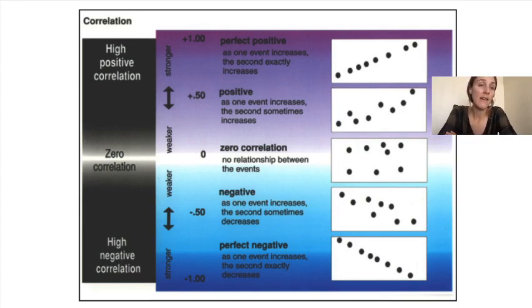So if you take a look at the left side of this figure, we have a few different labels. We have positive correlations and negative correlations. Positive means that we have a positive sign in front of it. Negative means we have a negative sign in front of it. In addition to positive or negative, we can also describe correlations in terms of their strength. The closer we get to +1 or -1, the stronger the correlation is.